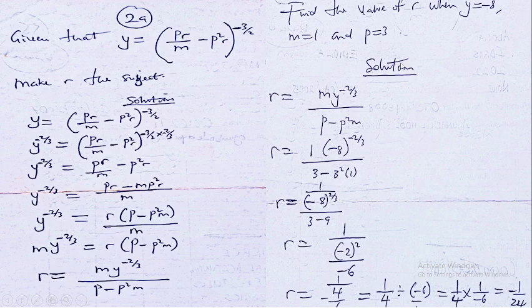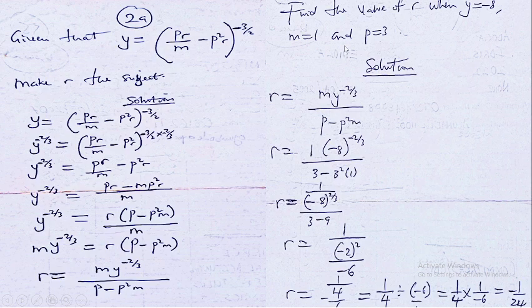Then the second part is 3 marks, whereby we have to find the value of this R as well. We are given the value of y to be minus 8, the value of M to be 1 and the value of P to be 3. So from here now we get our R to be equal to M y raised to power minus 2 over 3 over P minus P square M. You have been given the values of M, y, P, so we can substitute their values.